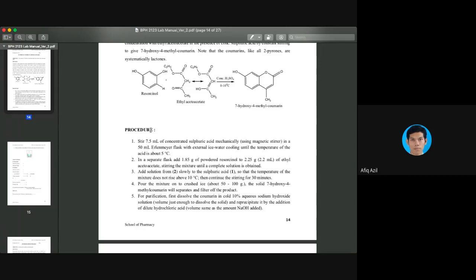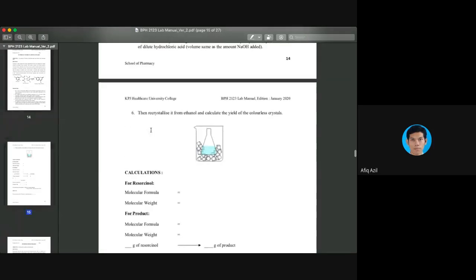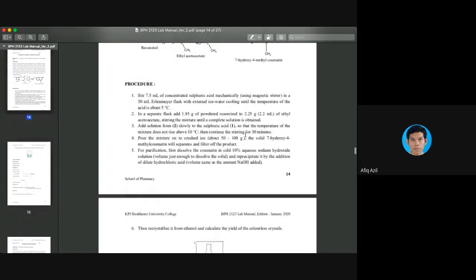That means you have to create an ice bath first. What is an ice bath? Like the one below. This is an example of an ice bath, and you have a mechanical stirrer or magnetic stirrer, so that the sulfuric acid will always cool evenly.